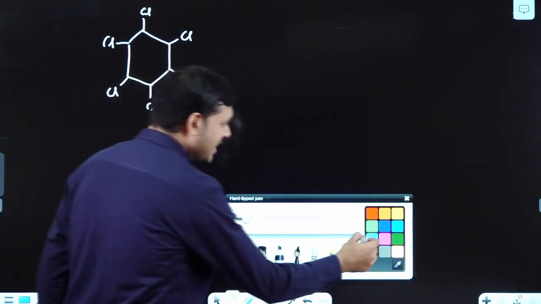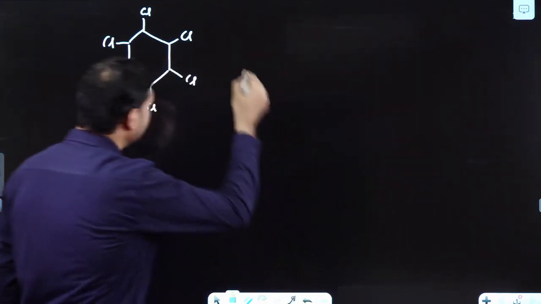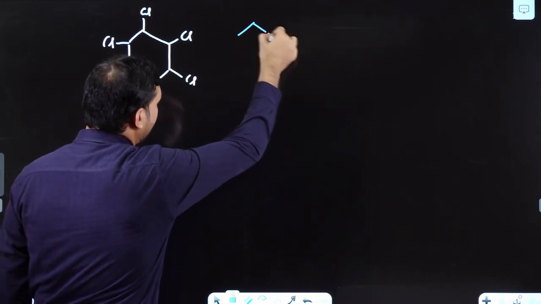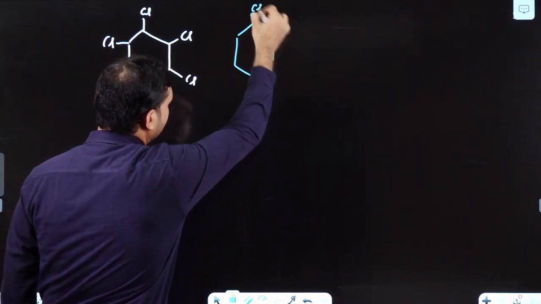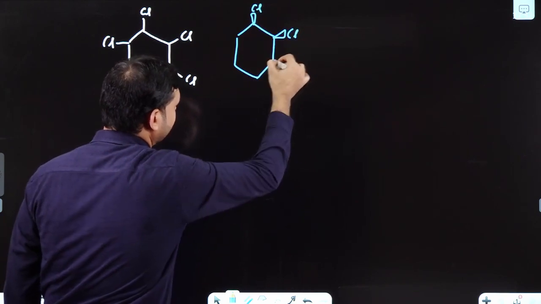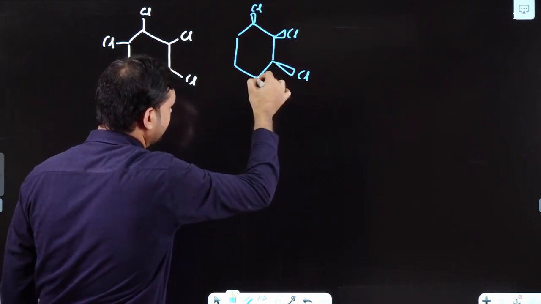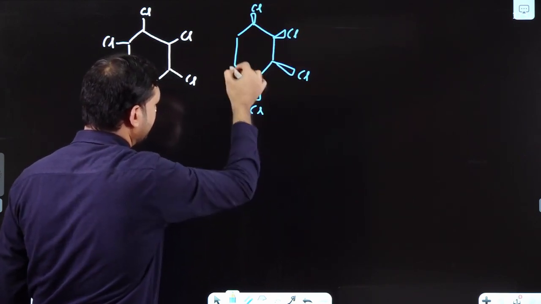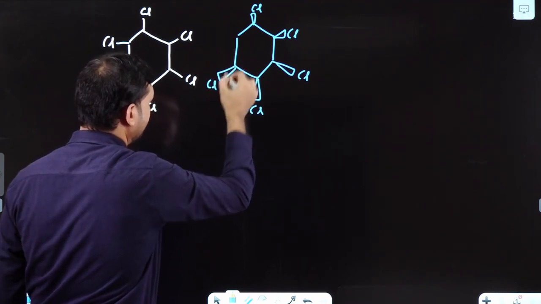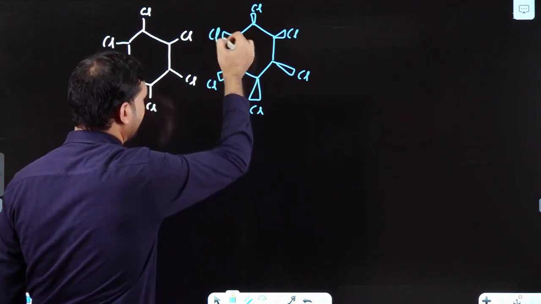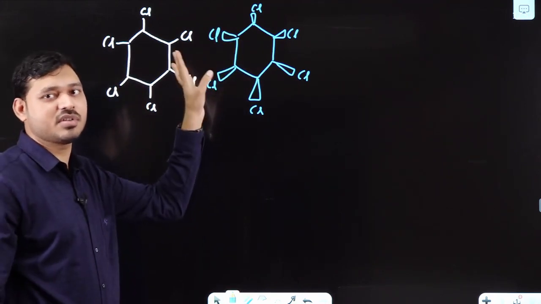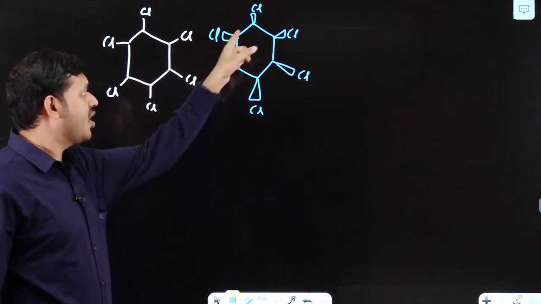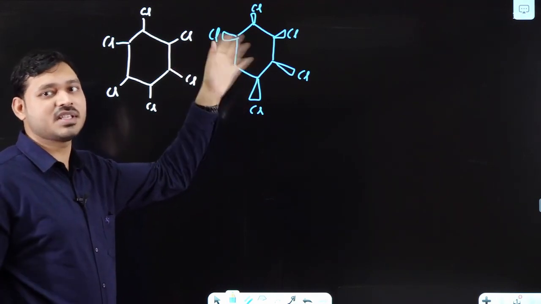So the first case can be taking all the chlorine atoms on the same side. See, this is one of the stereoisomers where all the chlorines are on the same side, which means definitely all the hydrogen atoms will also be on the same side.